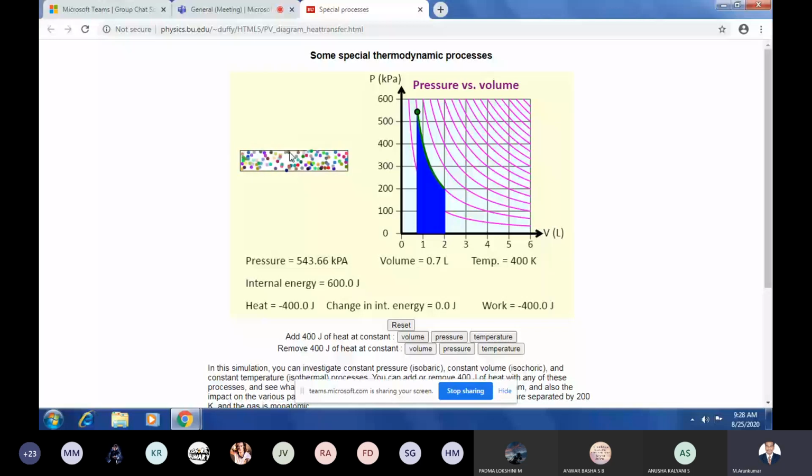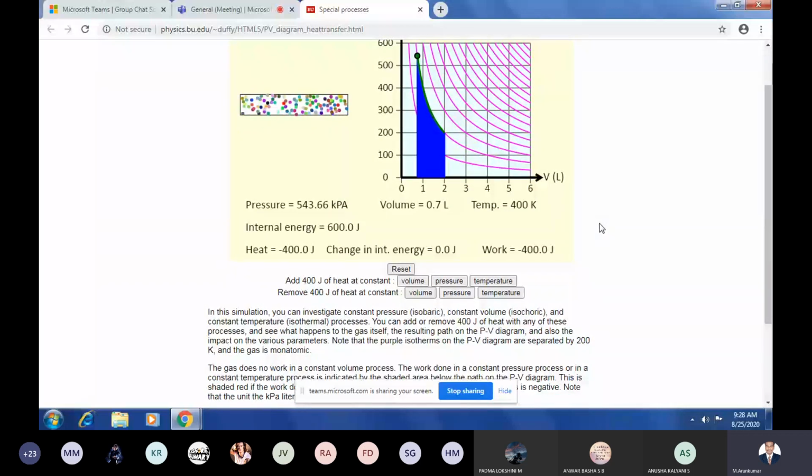So these are all the changes happening in the thermodynamic processes. By these graphical representations, you can easily understand the thermodynamic processes and what the changes in the properties are. Volume is a property, pressure is a property, temperature is a property.